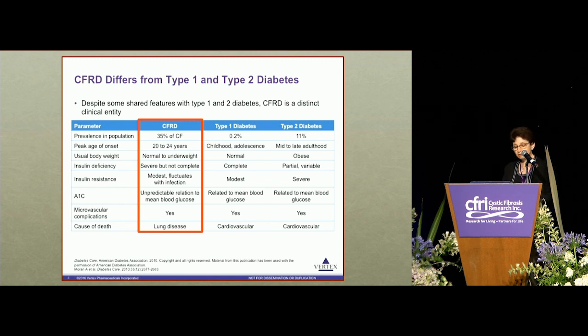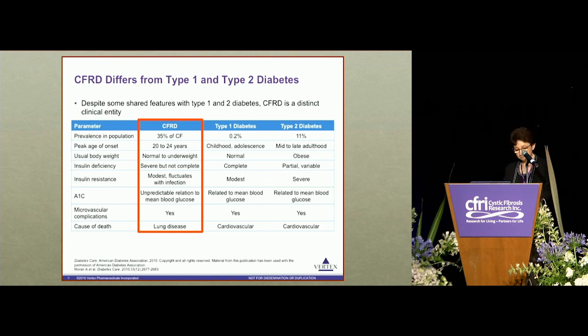For insulin deficiency, in CFRD there is always some basal insulin produced. In type 1 diabetes, most patients produce no insulin, and in type 2 diabetes, quite a bit of insulin is produced, but there is insulin resistance and the body needs more and more, and the pancreas is not able to compensate for this degree of insulin resistance.